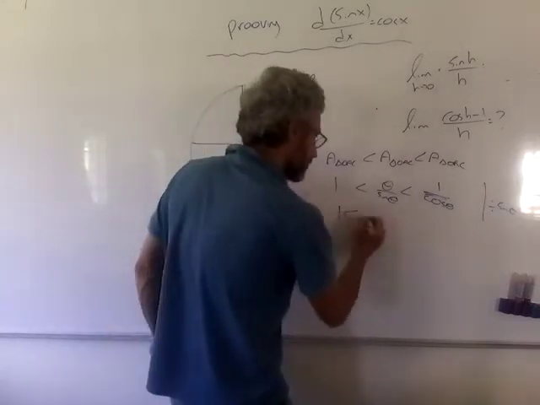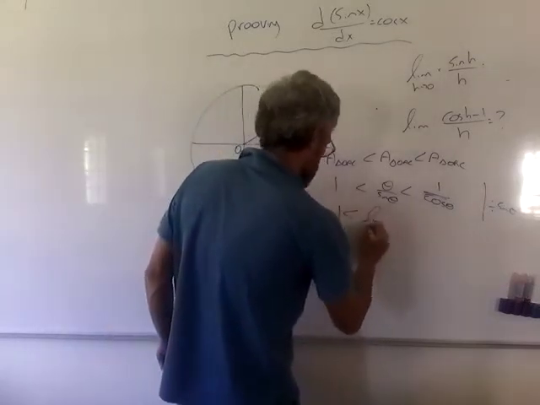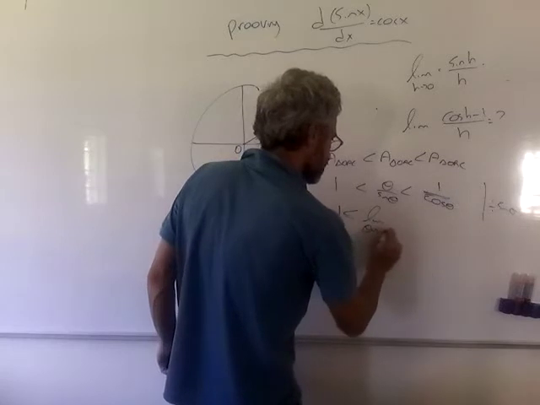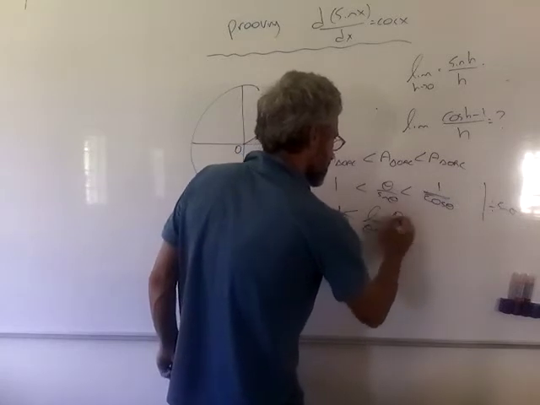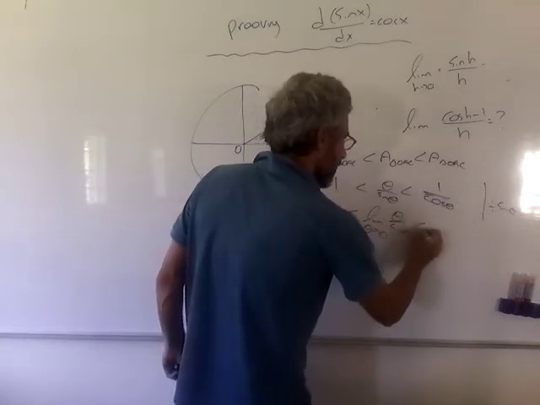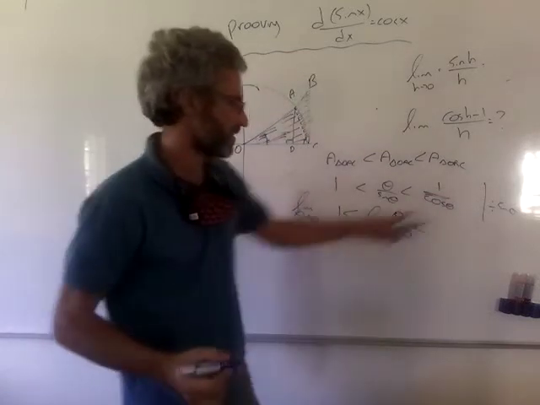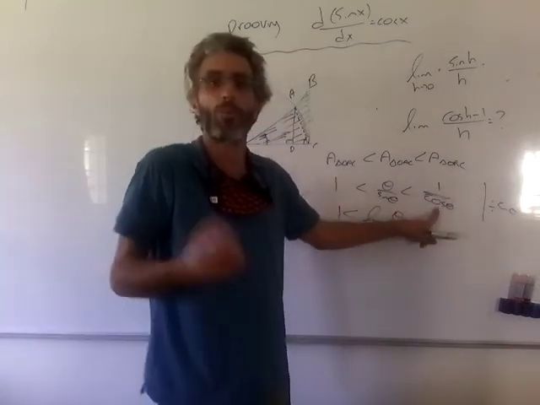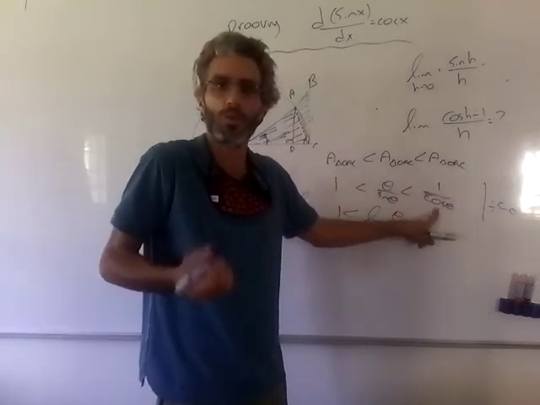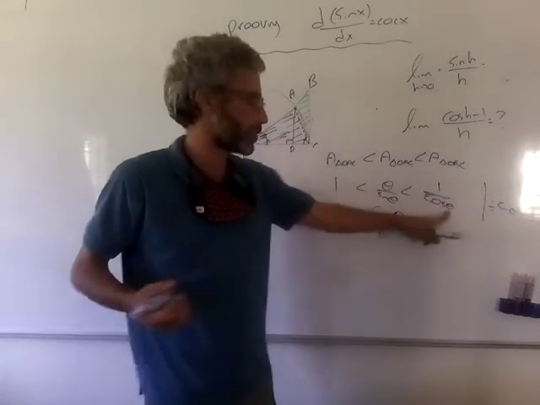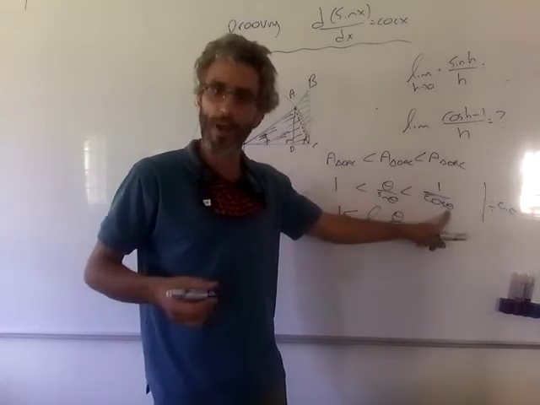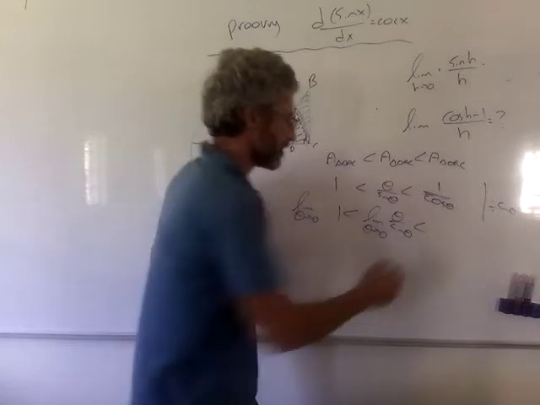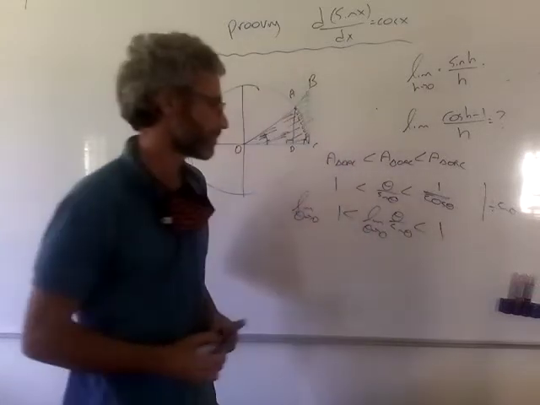Here I'm going to write the limit as theta approaches 0 of theta over sine theta. And then what is 1 over cosine theta? What happens to cosine theta? What is cosine 0? Because theta approaches 0. Cosine 0, hopefully by grade 12, you know it's 1. So that's 1 divided by 1, it's 1.